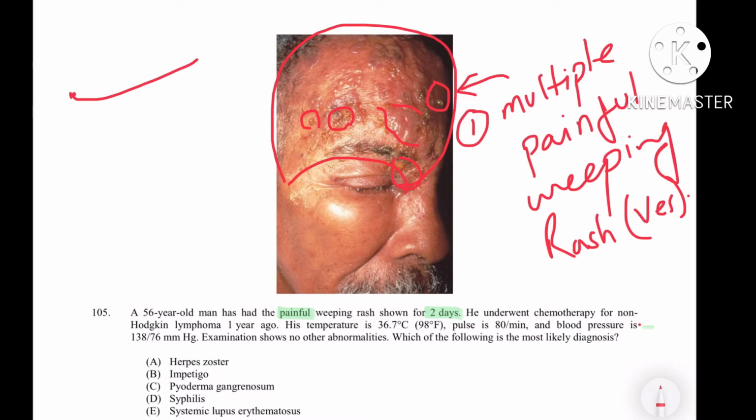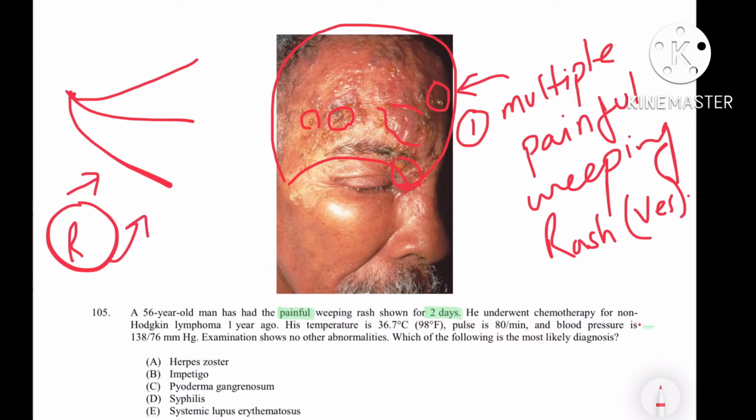If you know the trigeminal nerve, there is the ophthalmic division, maxillary division, and mandibular division. So it means the causative organism has some relationship with the neurons. Maybe they reside or stay in the neuron, or they usually attack the neuron. So they have some relation with the nerve distribution.